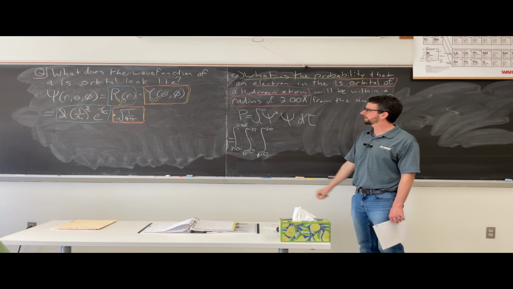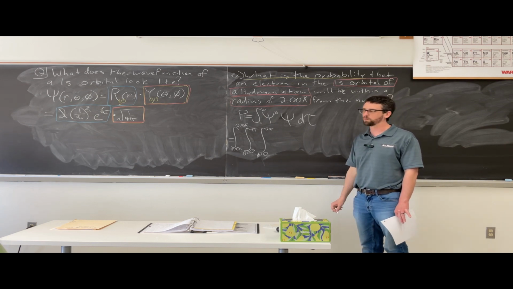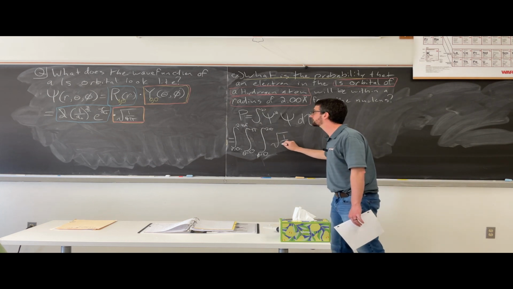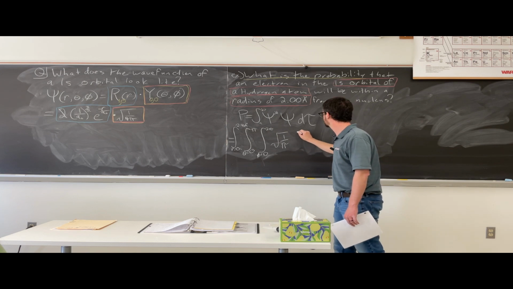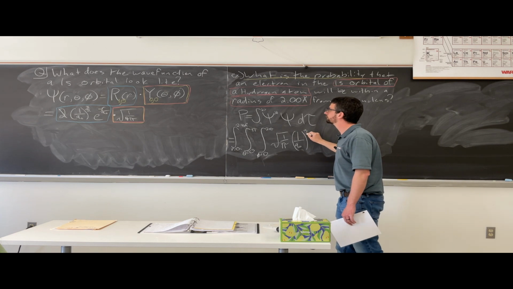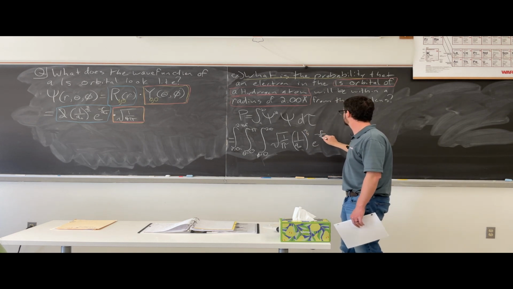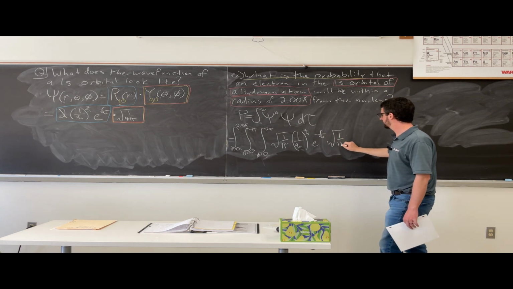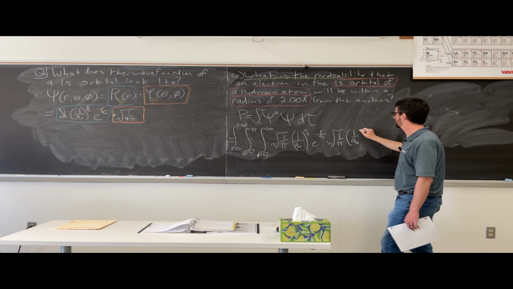Okay, I got to take the complex conjugate of it. Is the complex conjugate going to change anything? Why not? Yep, there's no i's, so we got this. Square root, and remember, these are already normalized, so we don't have to worry about normalizing anything.